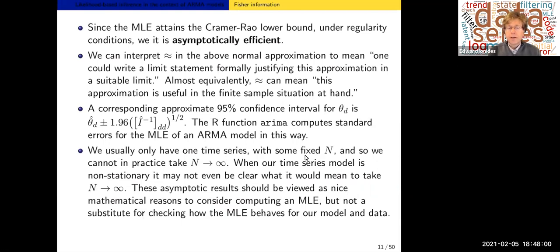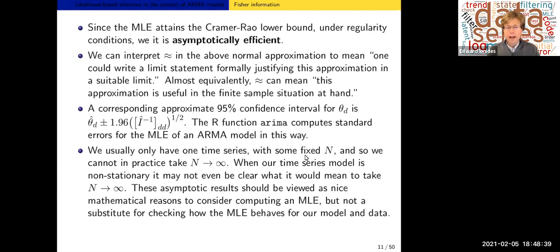So for instance, a central limit theorem says that if a properly normalized average is large enough and things are independent, then it will head towards the normal distribution. So for a finite sample, you could say it's approximately the normal distribution. Almost equivalent, approximately equal can mean this approximation is useful in the finite sample situation at hand. A difference there is that you're not quite promising that the finite sample situation at hand even has a sort of natural limit.